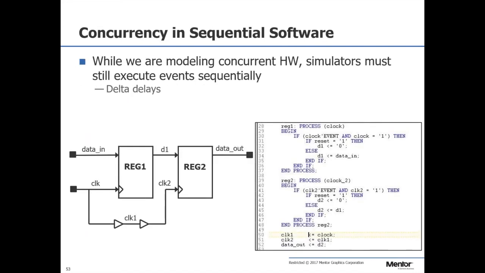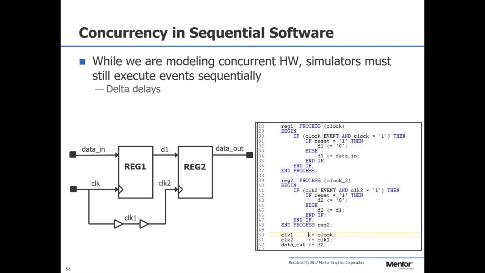So let's switch gears for just a second, and let's talk about concurrency in sequential software. A VHDL or Verilog simulator like ModelSim is simulating a bunch of gates that are all acting in parallel. But the simulator itself is running on a computer, which by nature is a sequential event simulator.